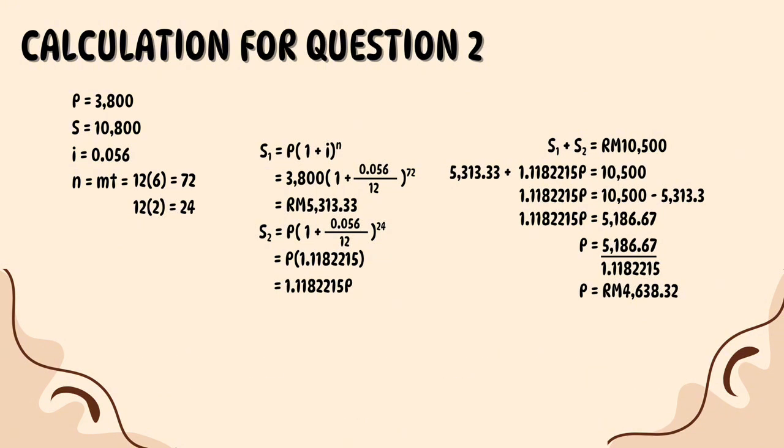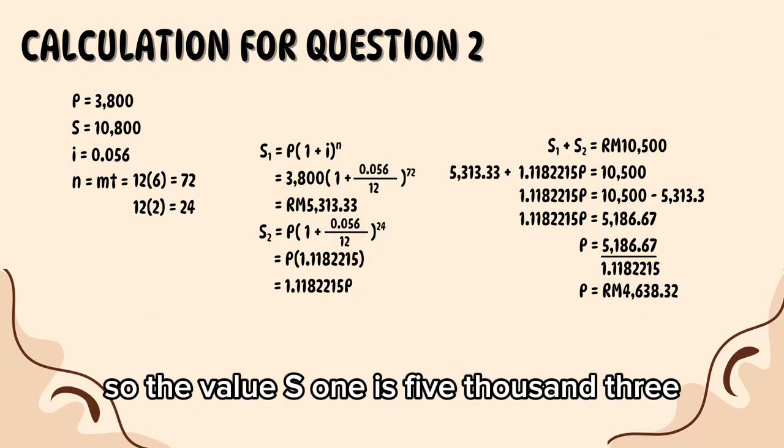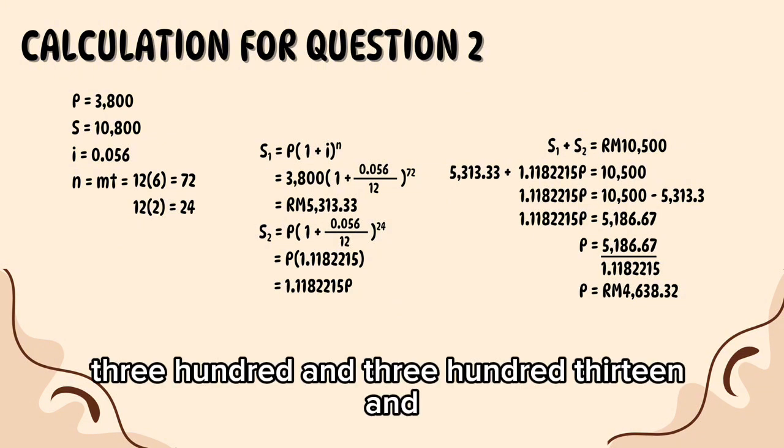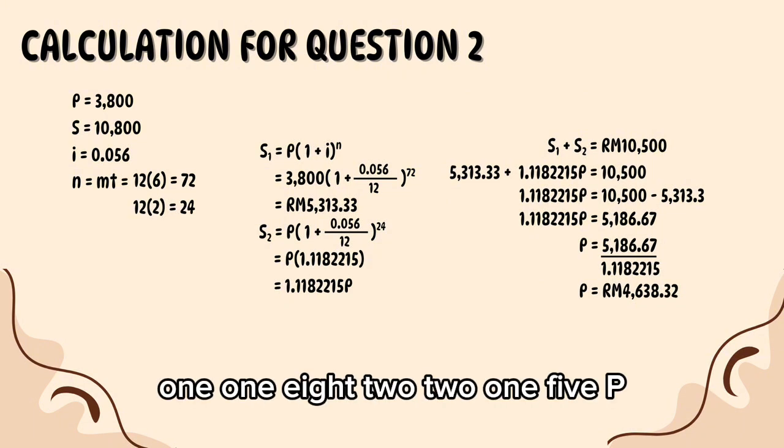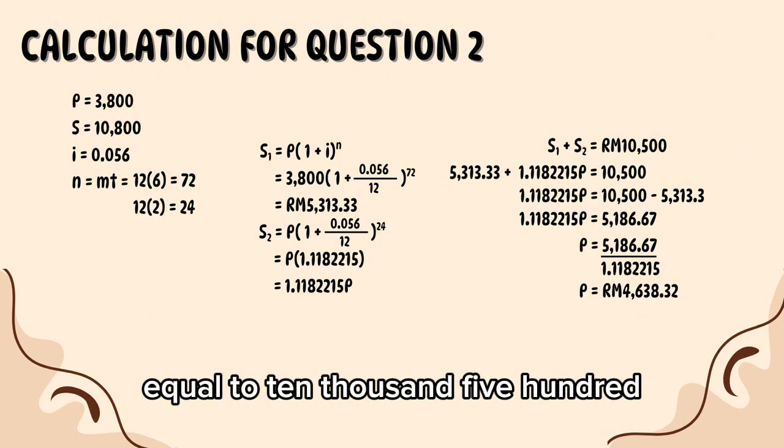Substitute the values. S1 is 5,313.33 plus 1.1182215P equals 10,500.